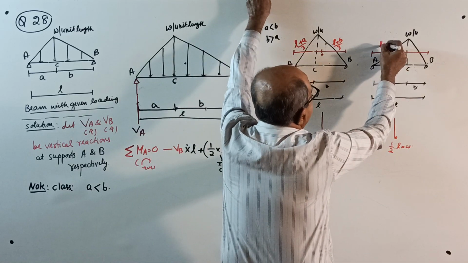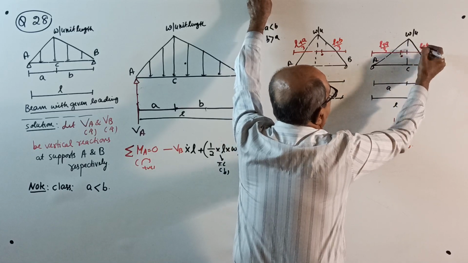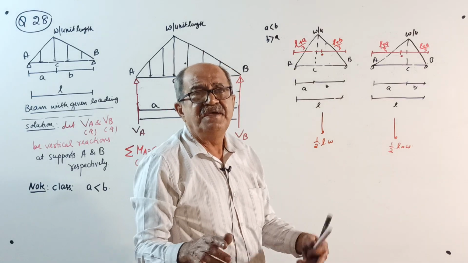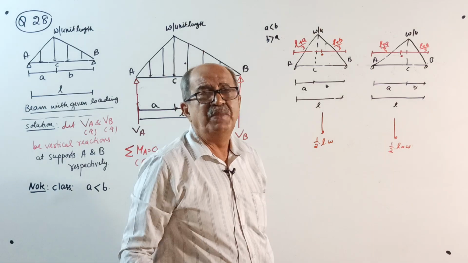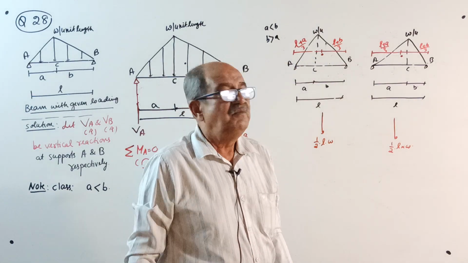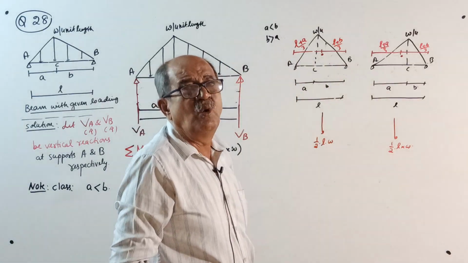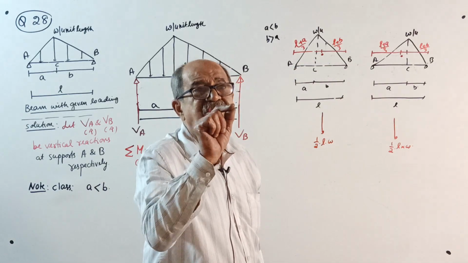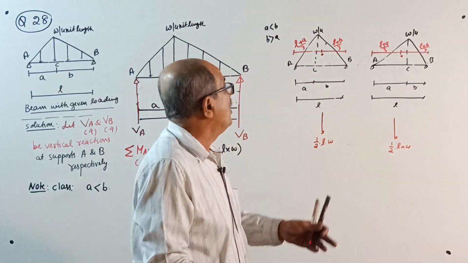Here also L plus A by 3, L plus B by 3. When you do calculation, your calculator cannot see whether A is more than B or B is more than A. But when you mark centroid, somebody can observe it. When you tell centroid is here, people like me will tell no, it is there. So only for marking centroid position, you should know which is bigger. But distance formula is same.